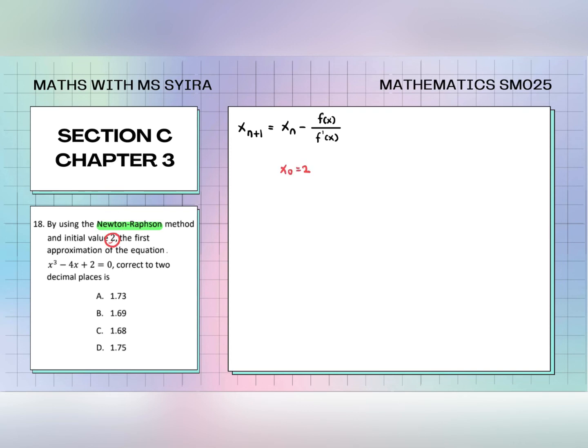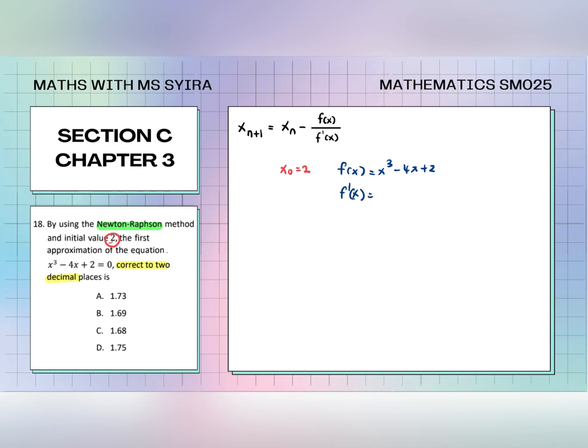And then, dia kata find the answer correct to 2 decimal places. Okay, so this should be our f(x). So, f(x) adalah x cube minus 4x plus 2. And then you should find f prime x.